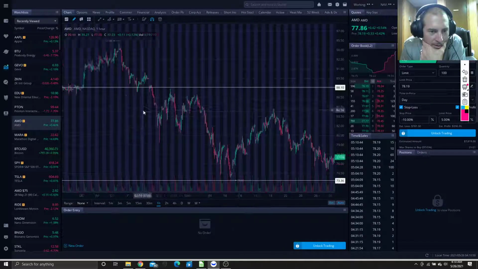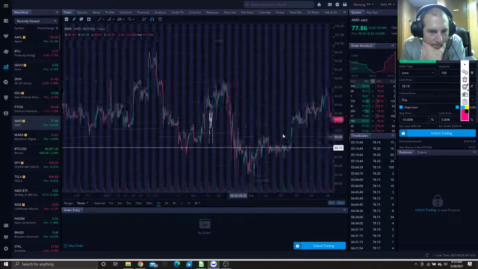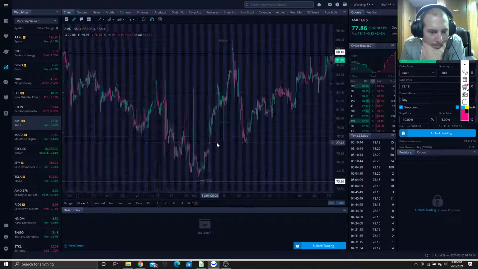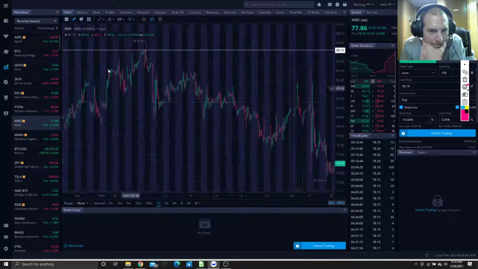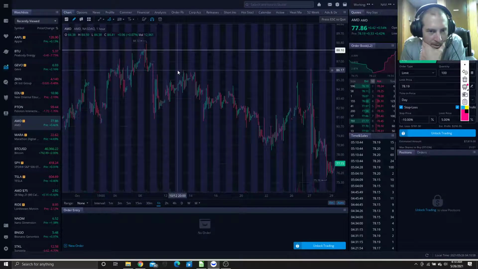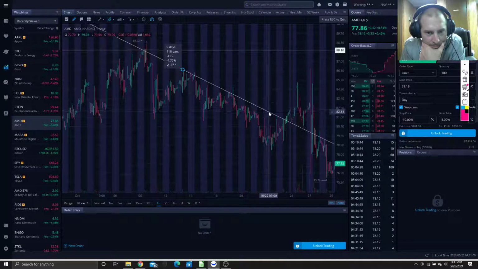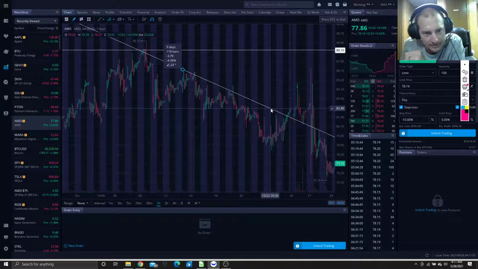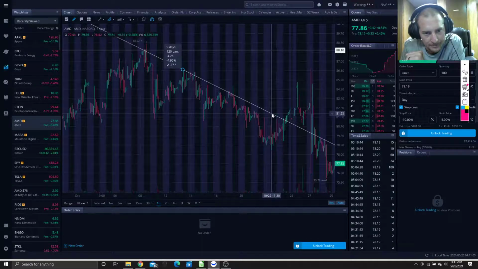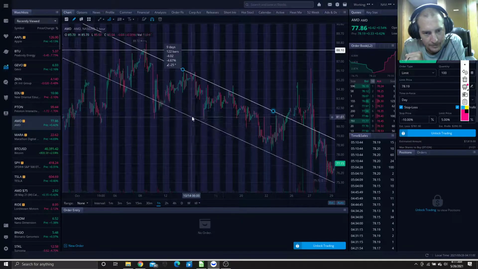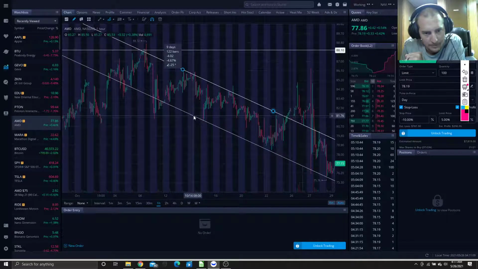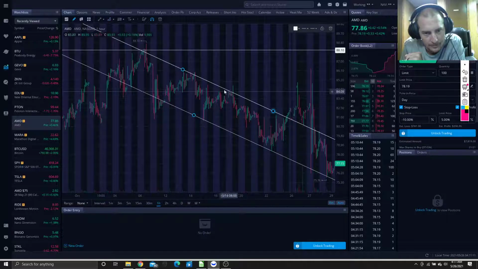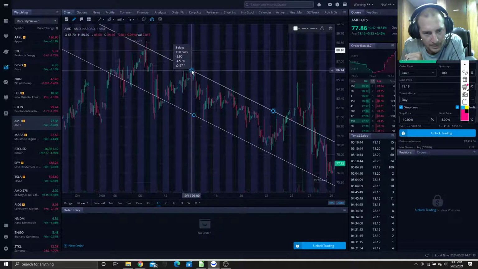We want clear movement. There we go. There's a very nice downtrending channel. Connect your highs, find your trend. Just adjust this just a bit.